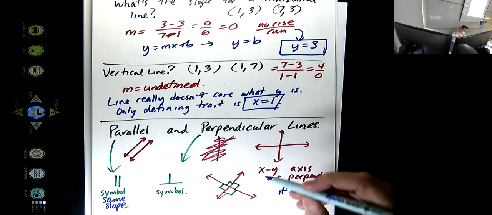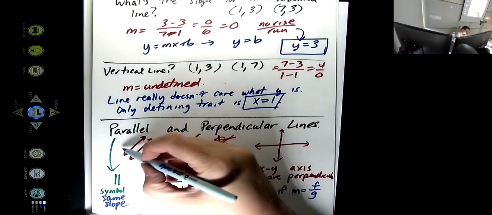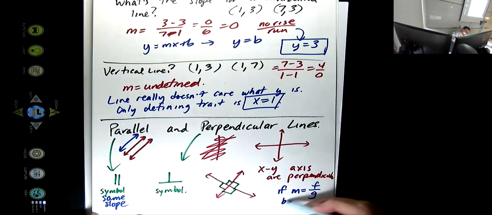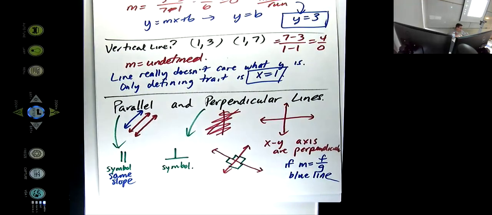I'm going to say the blue line here has a slope of f over g. My red lines here will also have a slope of f over g.